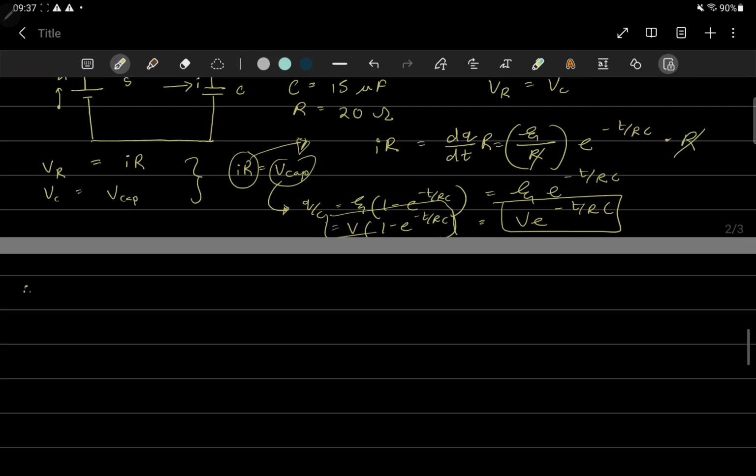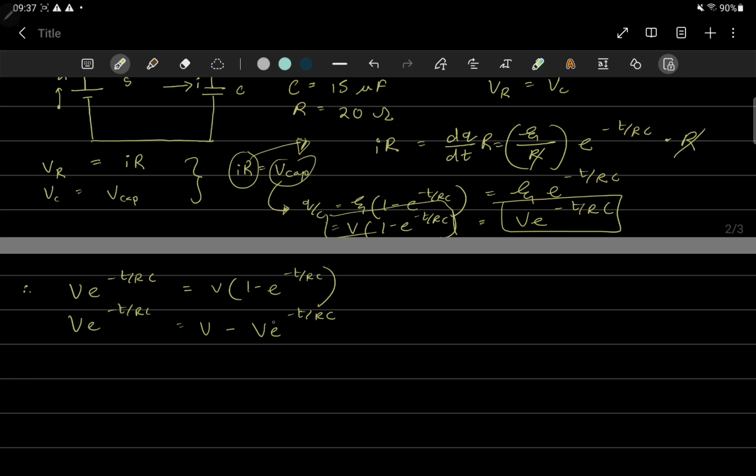So now what I do next is I equate the two, and equating the two will just give me V times e to the power of minus t by RC, which is equal to V times 1 minus e to the power of minus t by RC. And I simultaneously solve this, where you can just do the algebra. This is V minus V times e to the power of minus t by RC.